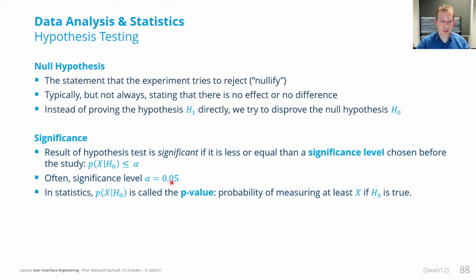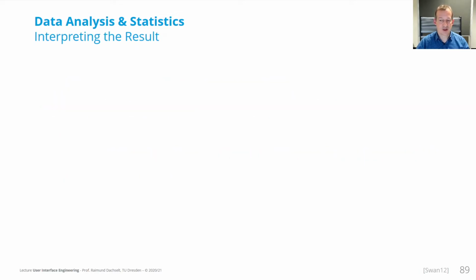This can be 0.05, and there are different levels, for example highly significant, which is then smaller. This is called the p-value. We talked about that already: the probability of measuring at least that x, the given data set, if H0 is true. Now we have to interpret the results.